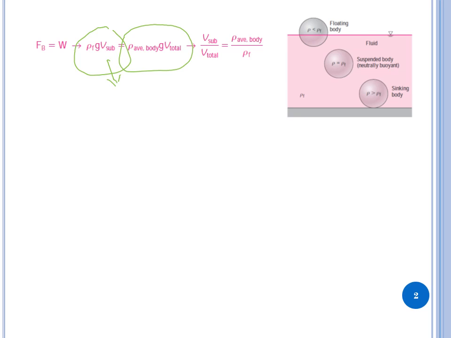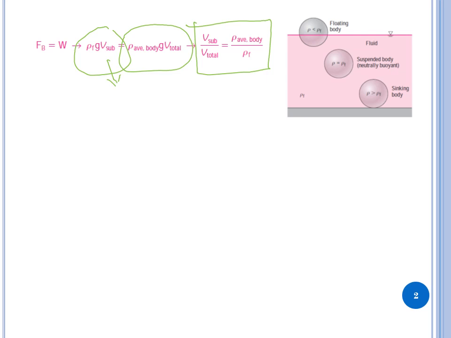Now g cancels out with g, and we find this expression here. Submerged volume over total volume is going to be equal to density of the body over density of the fluid.